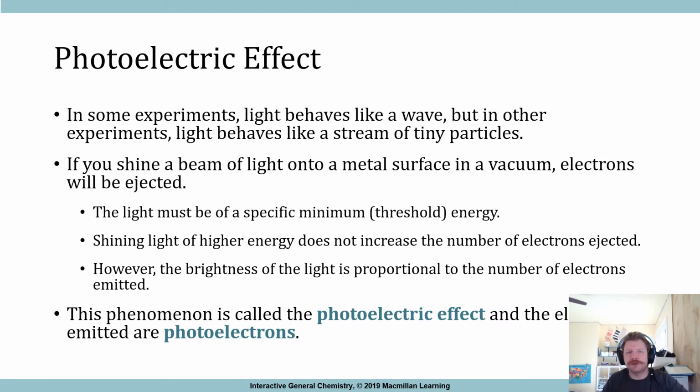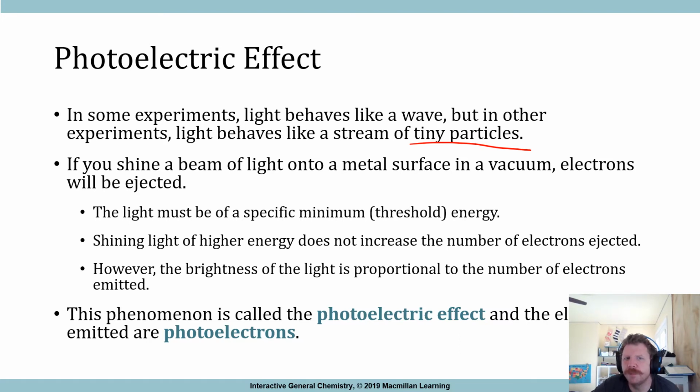Now, the photoelectric effect is something that you're going to have some calculations associated with. In some experiments, light behaves like a wave, but in other experiments, light behaves like a stream of tiny particles. If you shine a beam of light onto a metal surface in a vacuum, electrons will be ejected.